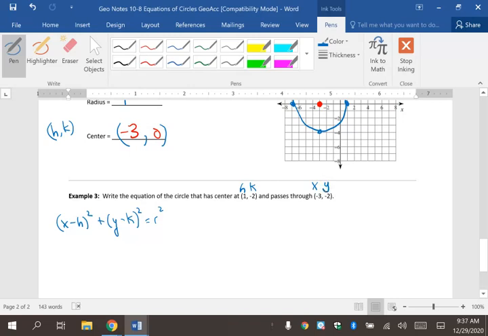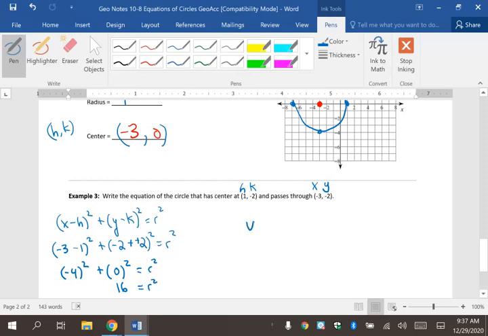So we are going to replace the x with negative 3, the h with 1, the y with negative 2, and the k with negative 2. But we don't know what the radius is, so we will figure that out. So we have a negative 4 quantity squared plus, I have a plus from a minus a negative, 0 quantity squared equals r squared. So a negative 4 times negative 4 is 16 plus 0 is r squared.